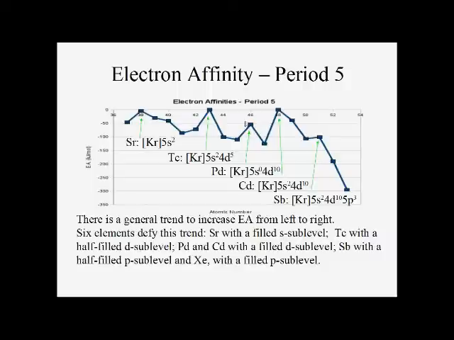So we have a complete d level, and the electron affinity drops because it's hard to put an electron back into the s sublevel. And over here for cadmium, we have a low electron affinity because we have the s and the d both completely filled, so it's hard to start the first p electron.